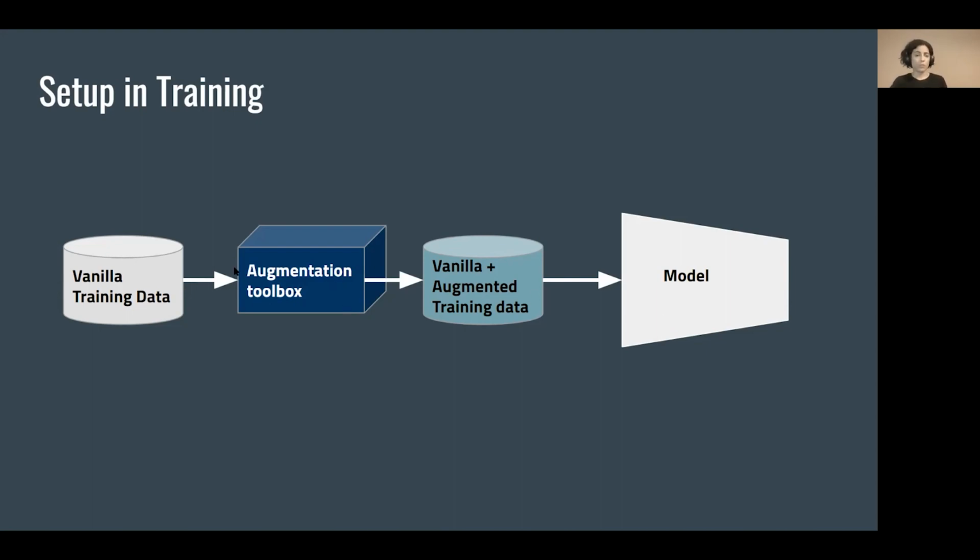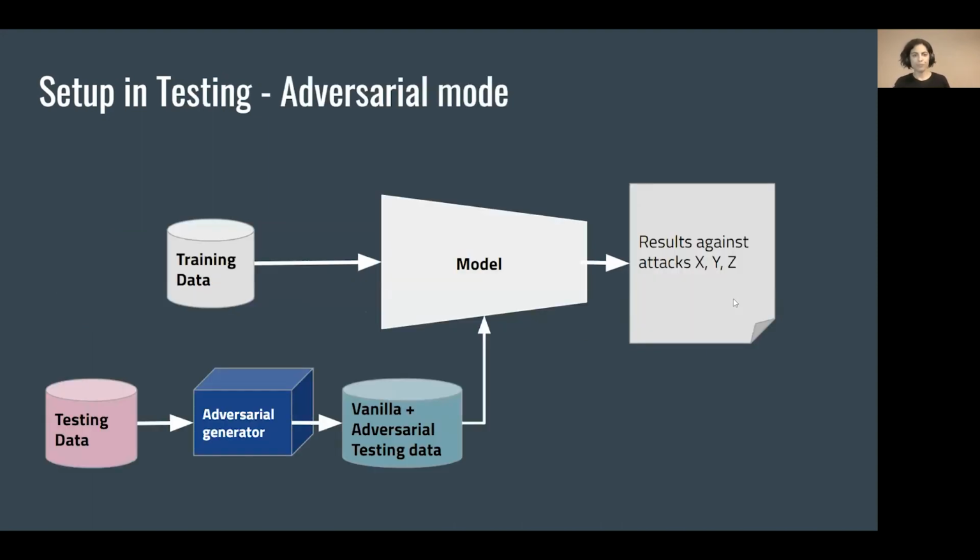And so this setting could easily look this way, where you have your vanilla training data, you start taking out different augmentations from whichever toolbox you've chosen, and you end up having the original data plus many, many more training samples that you can then use to train your model.